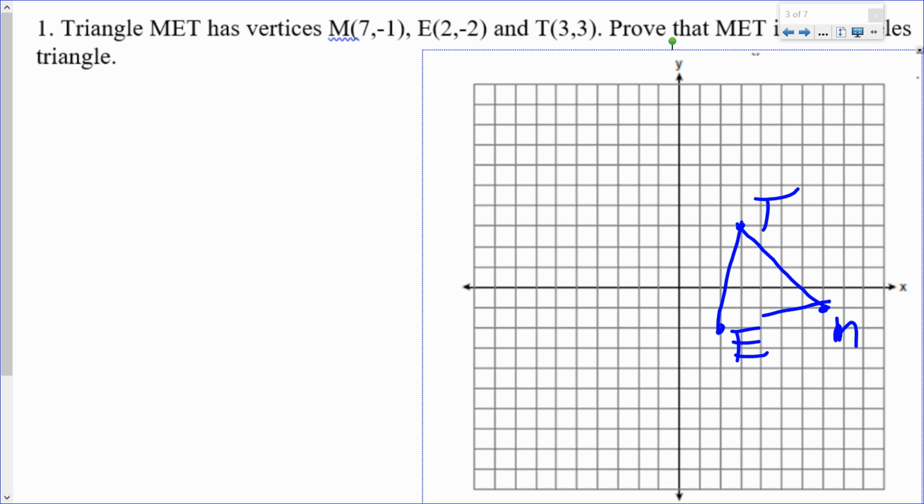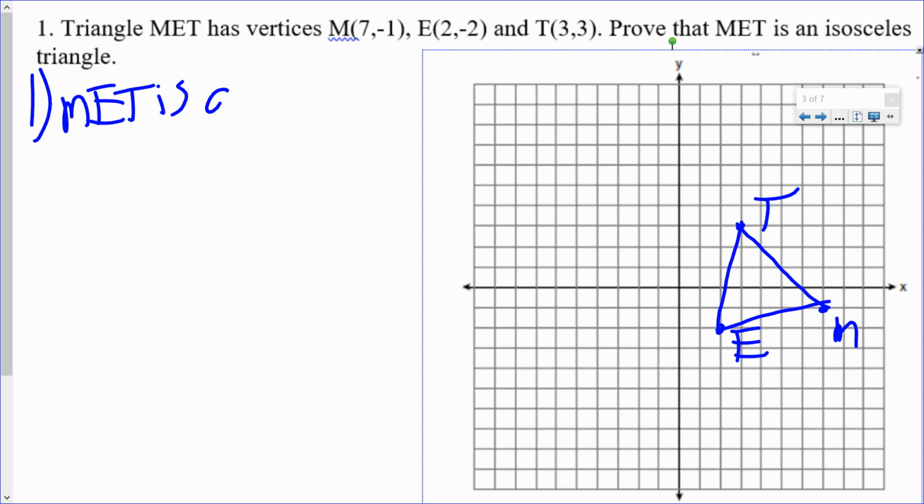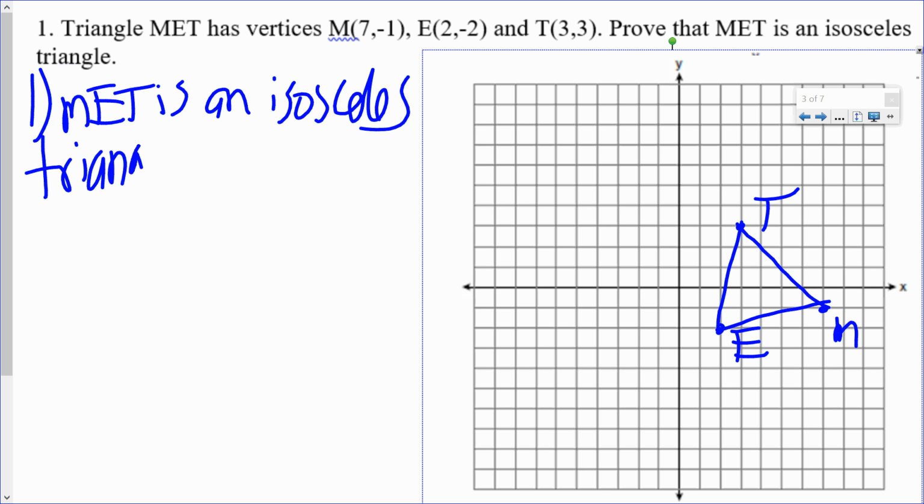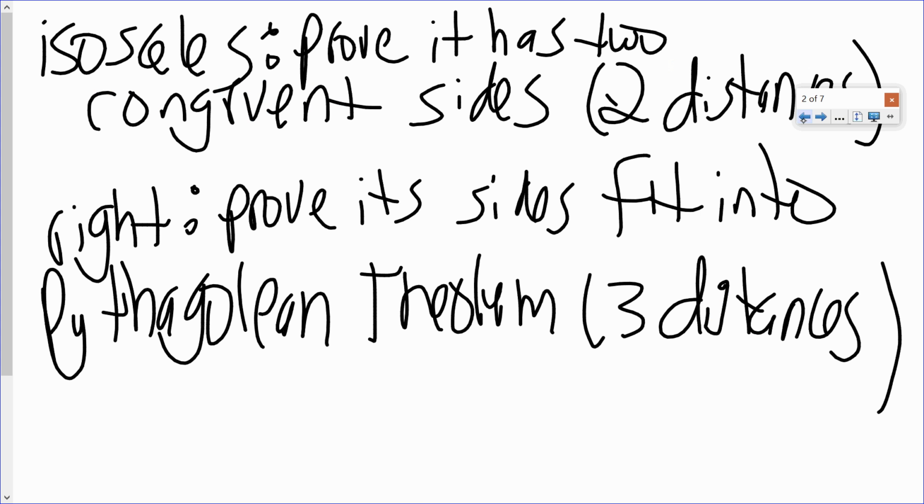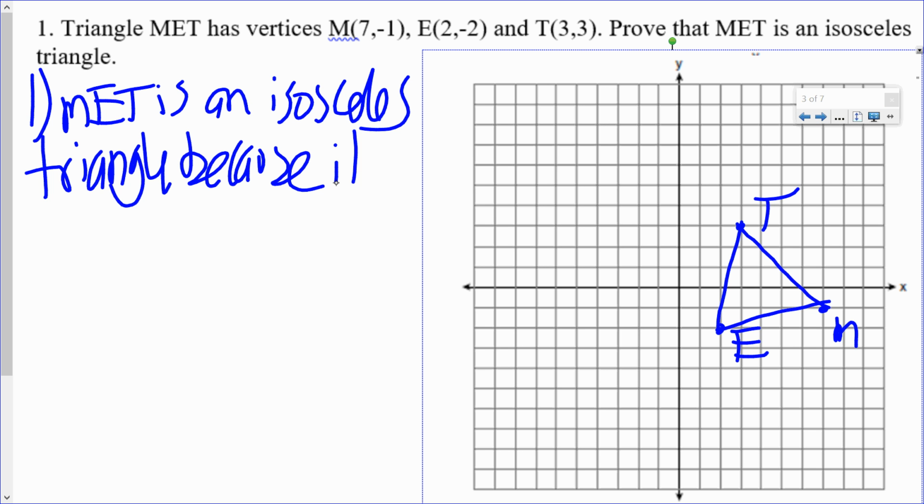And in order to prove it's an isosceles triangle, my step 1 is going to be that MET is an isosceles triangle because, well, I can flip back to the notes here, because it has 2 congruent sides. So that's going to always be step 1.